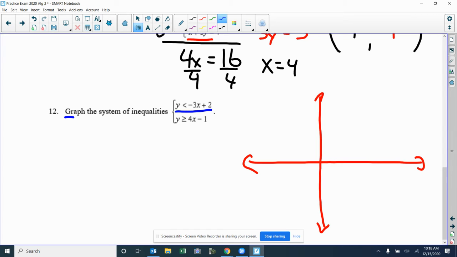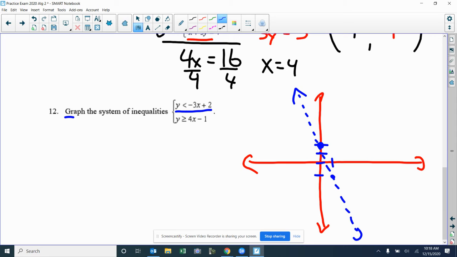So our intercept on this first one is +2, so we're going through +2. My slope is -3/1, so down 3, 1, 2, 3 over 1 puts us in this territory here.